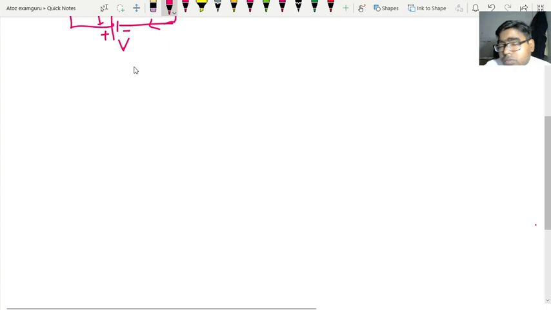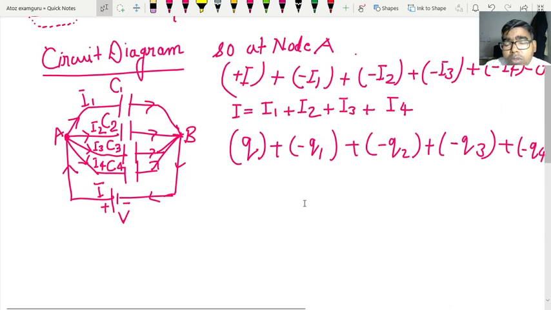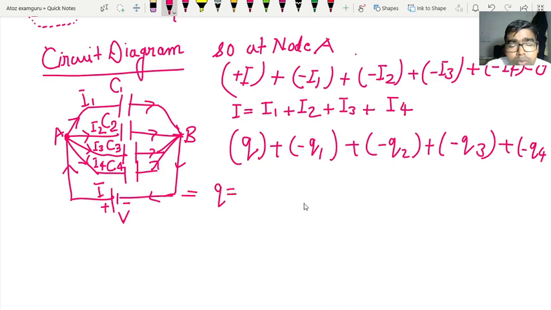So you can write this equation as Q equal to Q1 plus Q2 plus Q3 plus Q4.